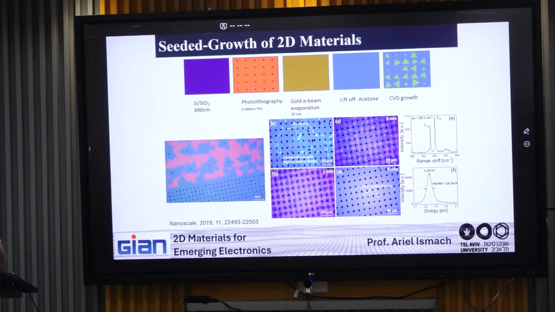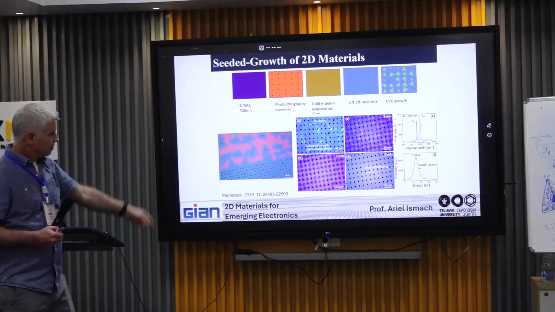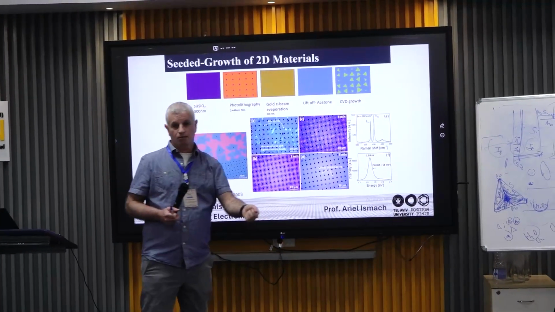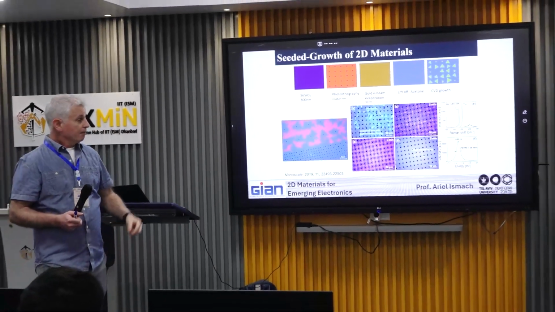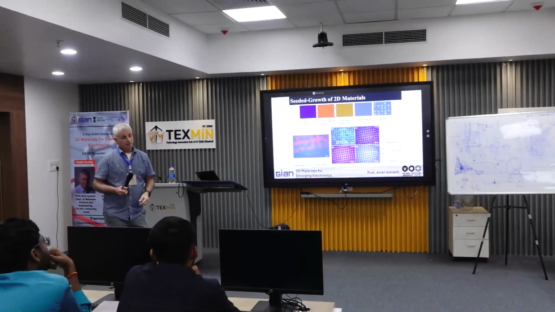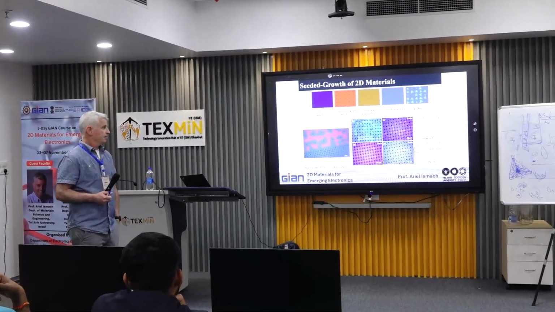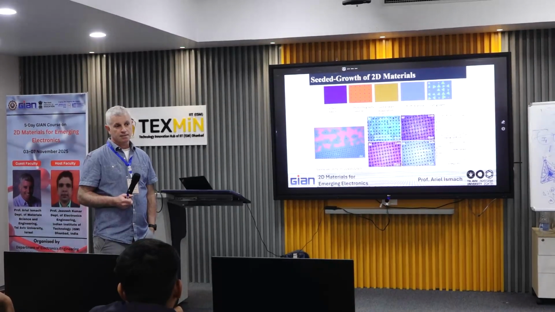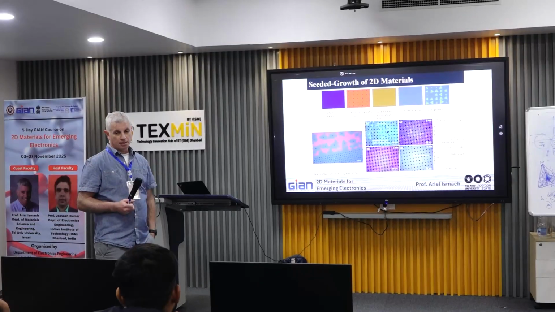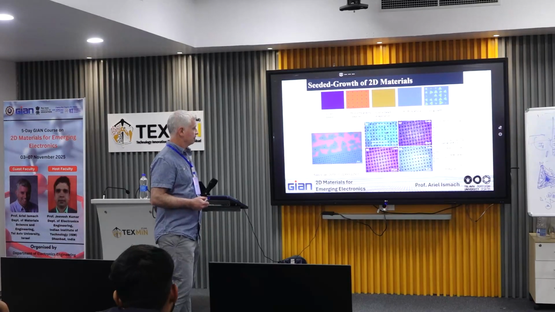If we try to use nanoscale seeds made by imaging lithography, you need to remember that you then need to take this substrate, load it into the system, and heat it up to a few hundreds of degrees, and if you have a very small dot, it will dewet and you will lose it. Okay? That's why we found that we need at least 2 micron size seeds. Of course, you can solve this issue by other methods, but this is what we do there.